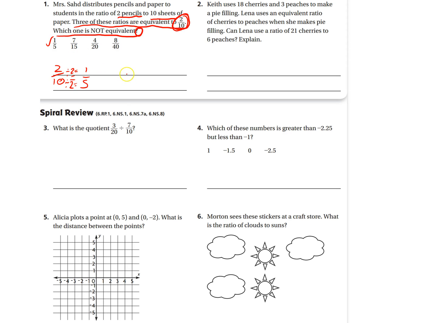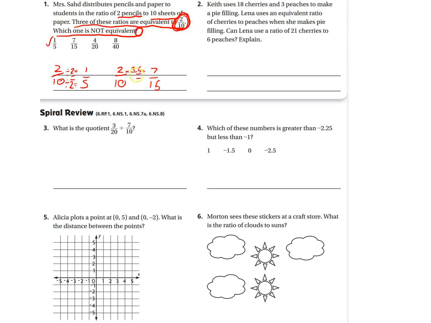Let's try the next one, 7/15. So again, I go back to my original ratio, 2 to 10, and I'm checking, is that equivalent to 7/15? Well, if I multiply 2 by 3, I'll get 6. And if I multiply it by 3.5, that does equal 7.